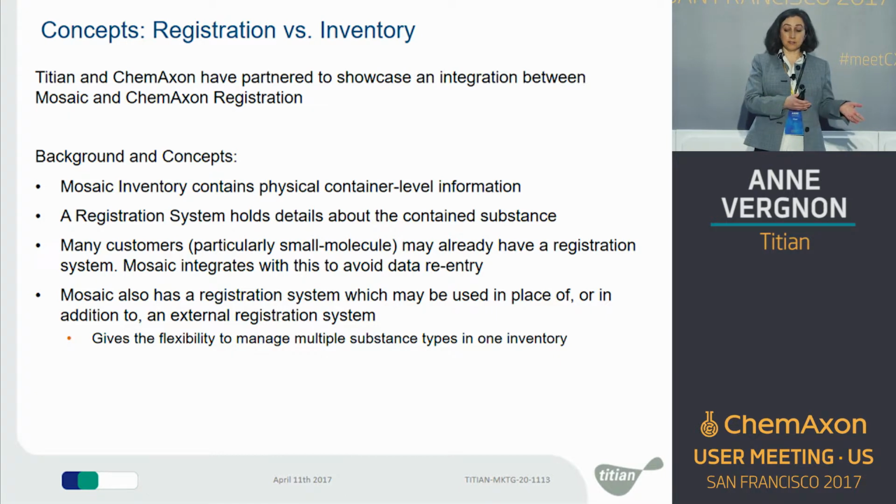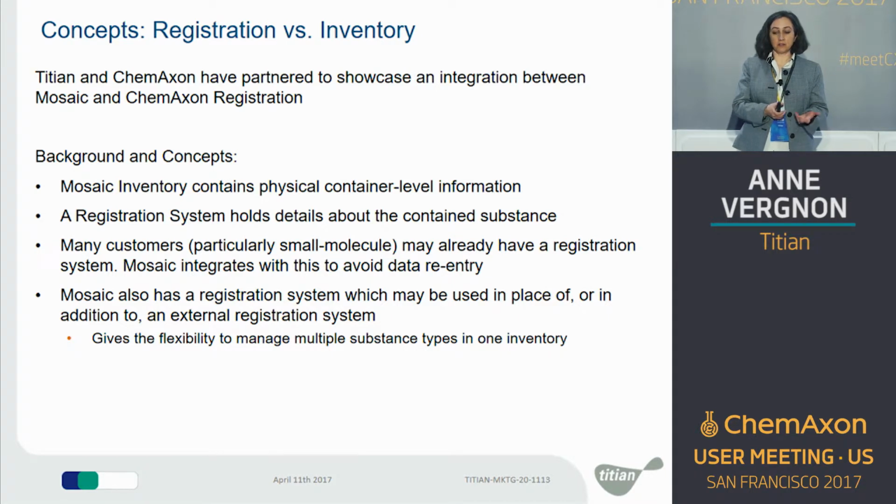In the registration system, you want to track the properties of the substance contained in those containers: molecular weight, substance ID, the chemist who made it. I mean, you're all very familiar with all those properties.